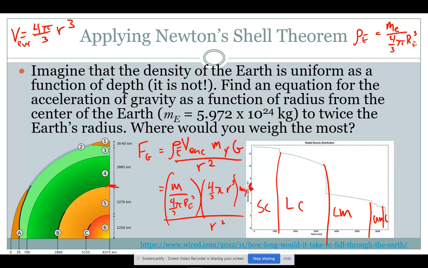All right, I think I did everything right there. I have the density as total mass of the Earth divided by 4/3 pi times radius of the Earth cubed. And then I have the mass of you, and the volume enclosed, 4/3 pi radius cubed, G over r squared. We can simplify this by canceling some things.